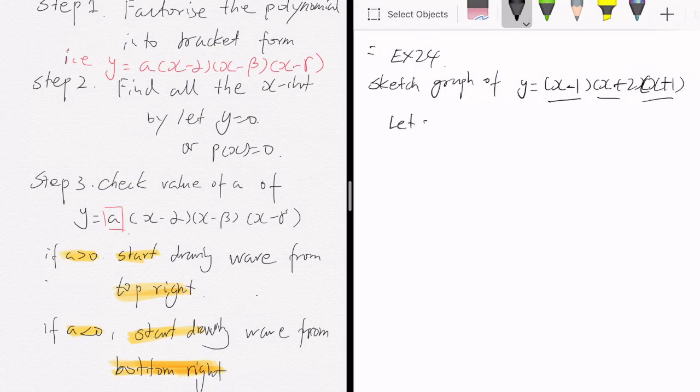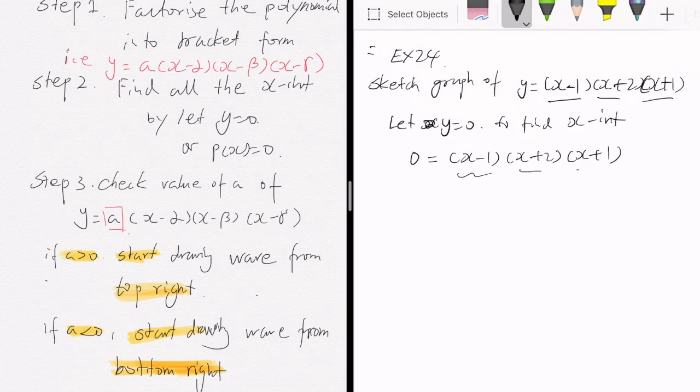So we're going to let y equal to 0 to find the x-intercepts, because we know that to find x-intercepts, we let y equal to 0. Therefore 0 is equal to (x minus 1)(x plus 2)(x plus 1).